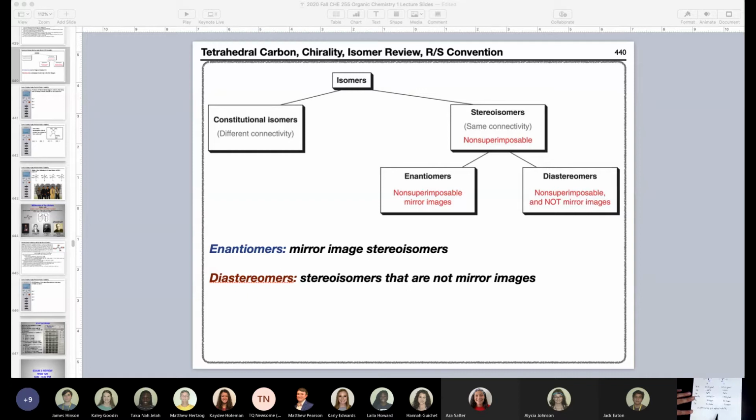The specific rotation, it's called specific because we're using a normalized set of conditions when we do that. So we'll talk about that if we have time today. If not, we'll talk about it on Wednesday.